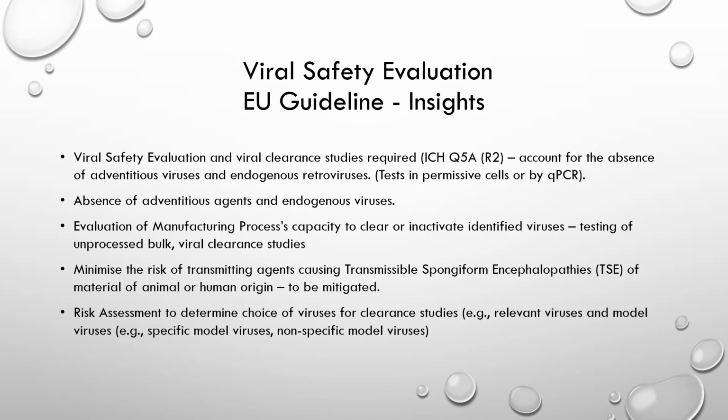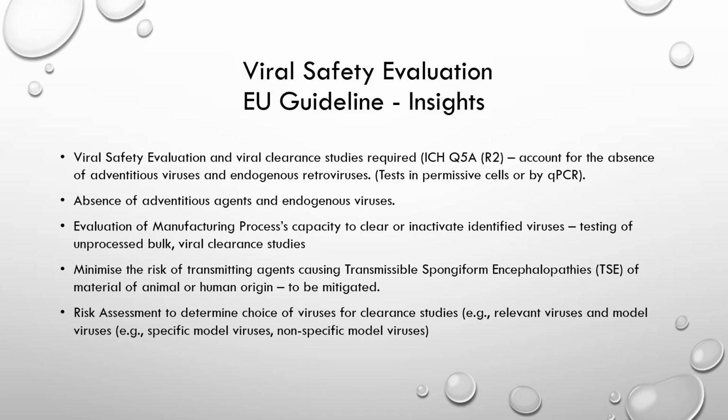So it's basically an evaluation of your manufacturing process's capacity to clear or inactivate identified viruses. And you would perform your tests of your unprocessed bulk to test for any viruses, and this will be the basis of viral clearance studies.